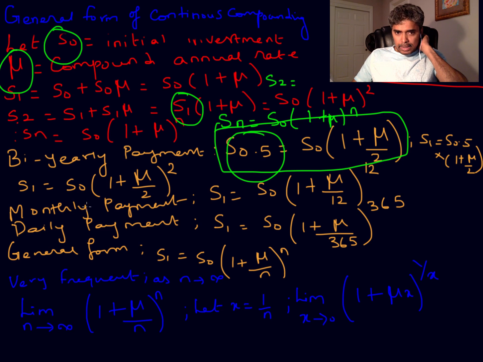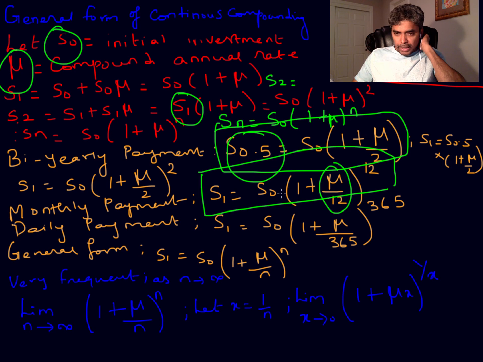And if we generalize this, let us say we are going to take the monthly return, where mu is the annual rate and we are going to get the payback every month. Then at the end of the year, the S1 is going to be S0 times 1 plus mu by 12, which is the monthly rate, to the power 12.